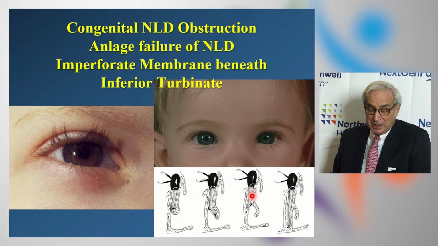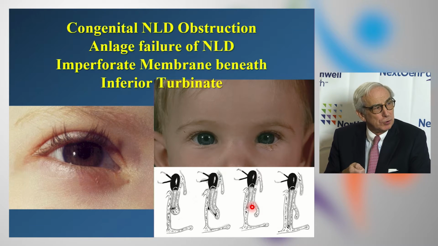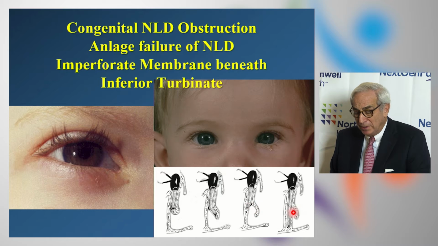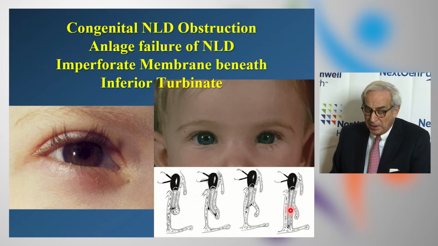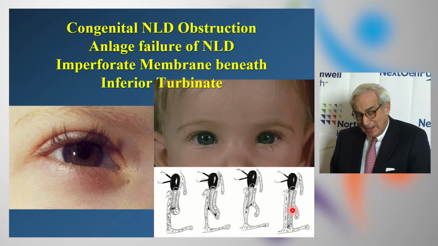Now, the difference being that a child that has a completely formed nasolacrimal duct can simply have it probed and pushed through to open that system. But if portions of it are missing, as they often are, that's a more detailed reconstruction.